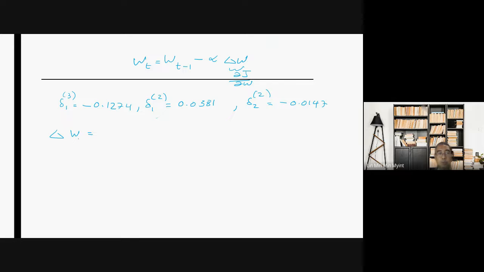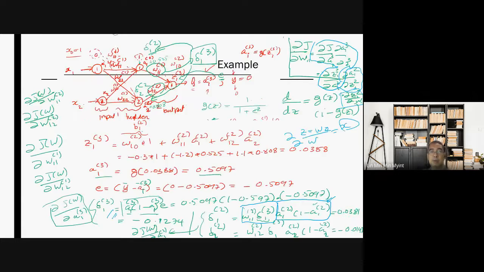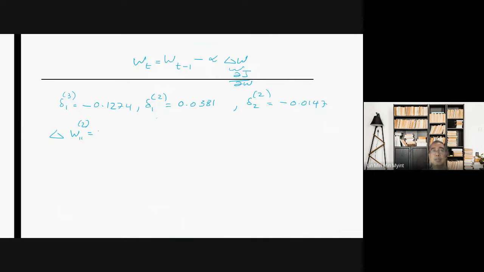This one is for W112, this means for this weight, multiplied by alpha. Alpha in here, and then the partial derivative of J with respect to W11.